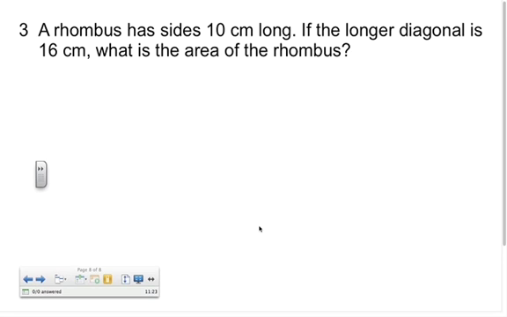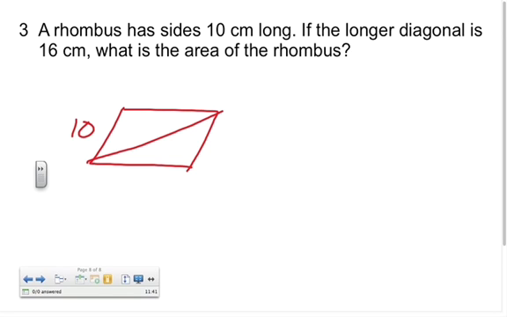Problem 3. This time, notice it's not giving you the length of both diagonals. It's giving you side lengths and one diagonal. So drawing the diagram might be helpful here. I know that the side lengths are 10, and it's telling me that the longer diagonal is 16.